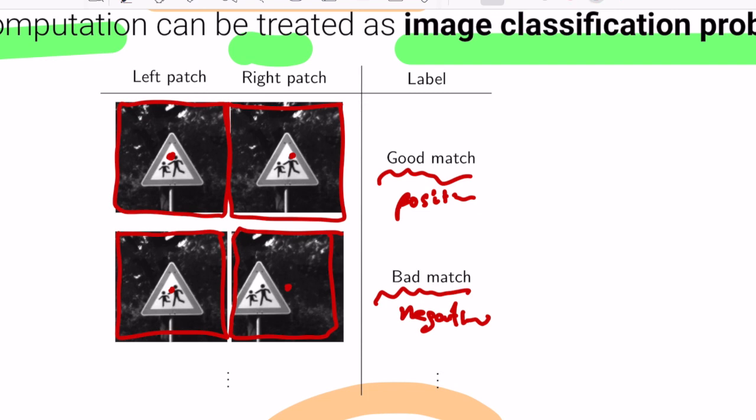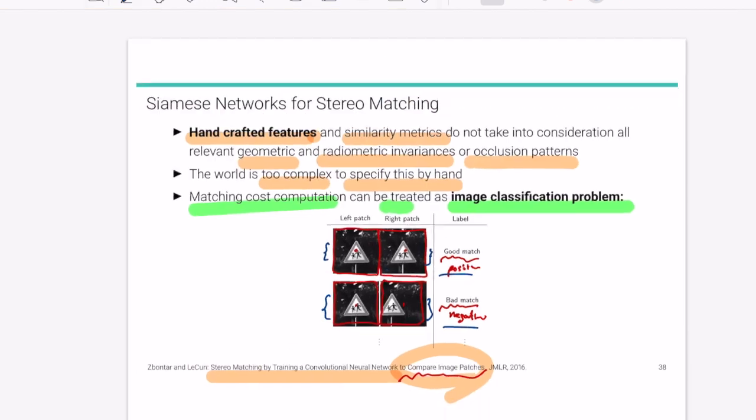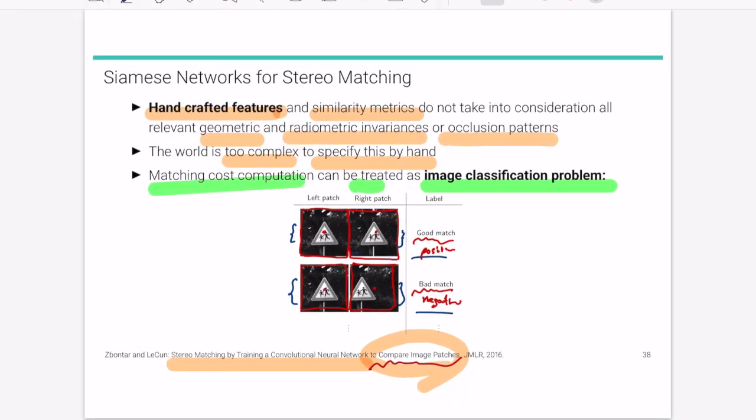The input is a pair of patches, and the output is just a binary label, positive or negative. Then we formulate a good classification network to classify these two patches, positive or negative, good match or bad match. So this is the deep learning based model for the stereo matching problem.